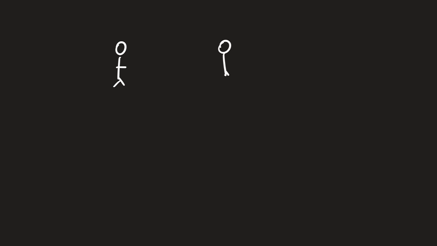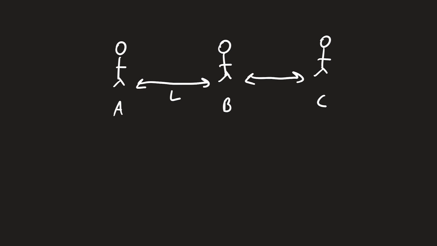Imagine a group of three friends, Alice, Bob, and Charlie, obviously, so we can call them A, B, C. Alice and Charlie have watches, and they want to test whether their watches are synchronized. They come up with a rather impractical way to do it. So they agree to stand a distance L apart from each other, such that Bob is in the middle, and then Alice and Charlie take their flashlights and agree that they're going to turn on their flashlights towards Bob when their watches hit 12 noon.